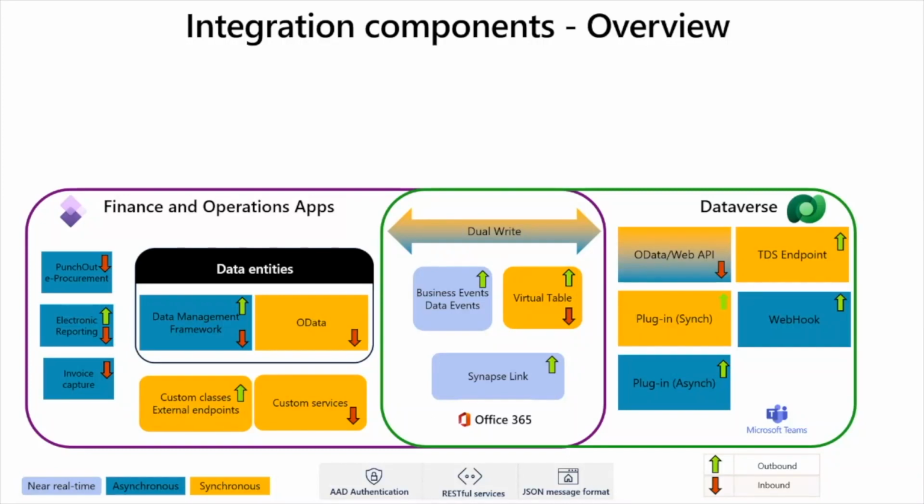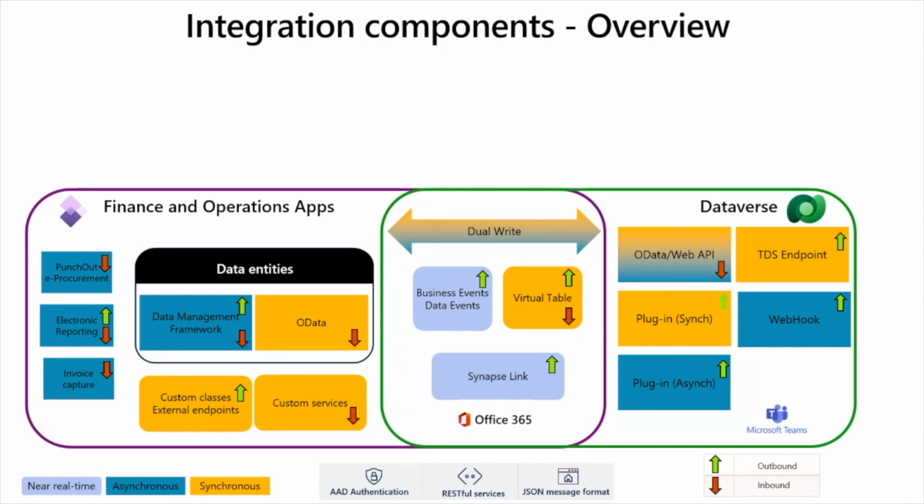To be clear, in this context, outbound communication means that Dataverse or F&O are initiating the communication, while inbound means that the external system is contacting the applications. This is true regardless of the direction of the data transfer.